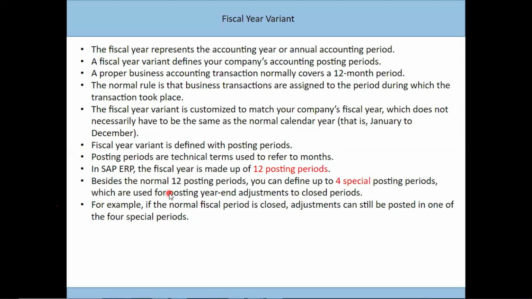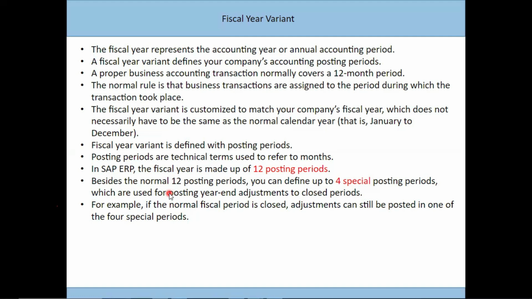Okay. So why are these 4 special periods given? They are given for year-end adjustments. For example, if the normal fiscal period is closed, an adjustment can still be posted in one of these 4 special periods.